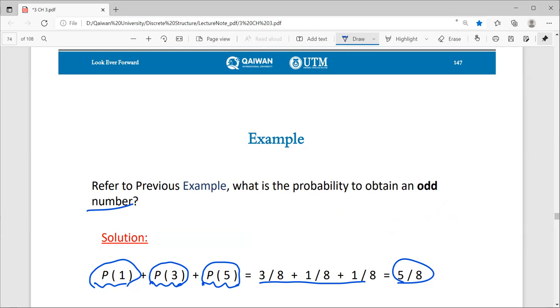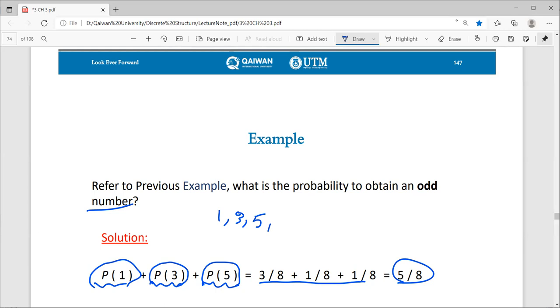How about the probability that a number is odd or greater than 4? Let's write down the numbers. The odd ones are 1, 3, and 5. And numbers which are greater than 4, that's 5 and 6.